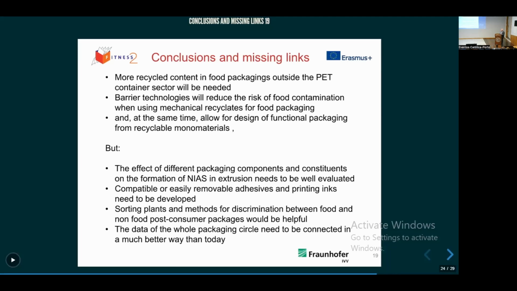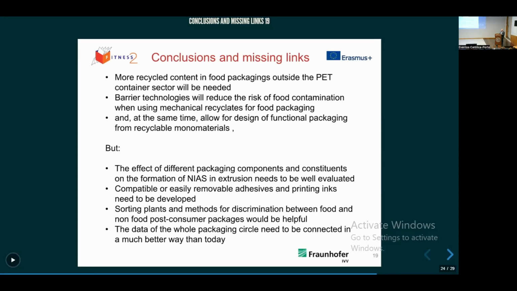For instance, we know from several experiments that adhesives and especially printing inks may be detrimental and create a lot of additional substances that give us a lot of problems, even so many that even a functional barrier will not help. So this needs to be investigated more.